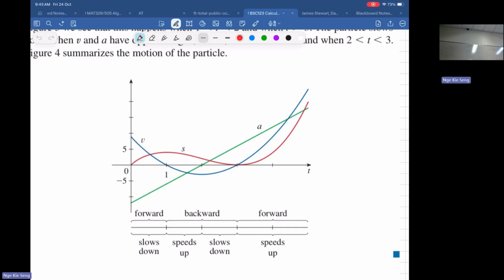Go to the right, slow down, and then go to the other direction, speed up. Then the sign of A and the velocity become opposite again, so you speed up in the other direction and then slow down, and then speed up in the other direction.